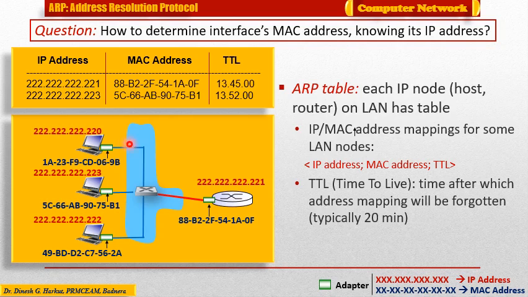Here, the IP address of the destination is known, and from that address, one can obtain the corresponding MAC address. This task is easier if the sender's ARP table has an entry for the destination node. This ARP table is used to map between IP addresses and corresponding MAC addresses.